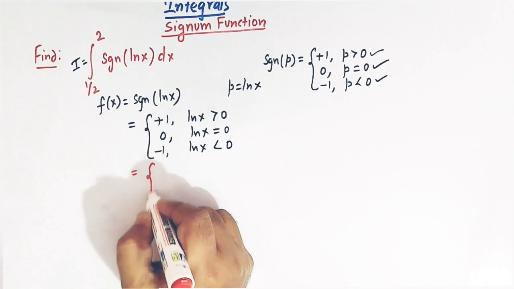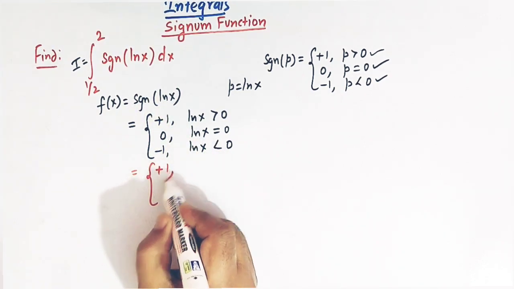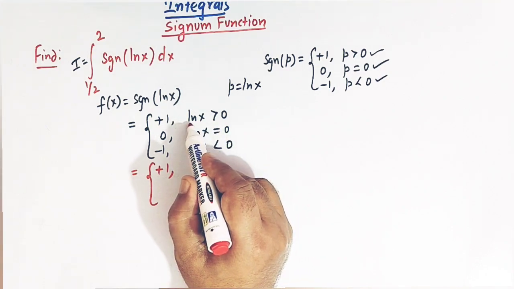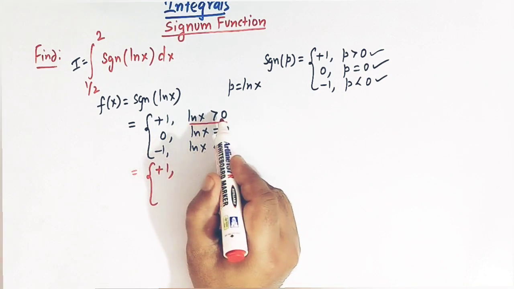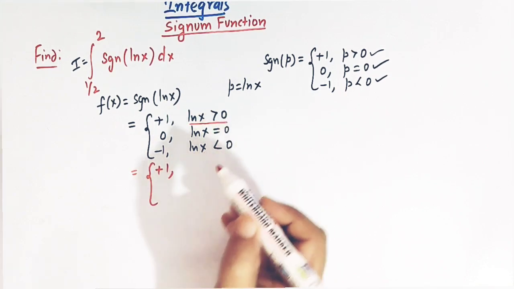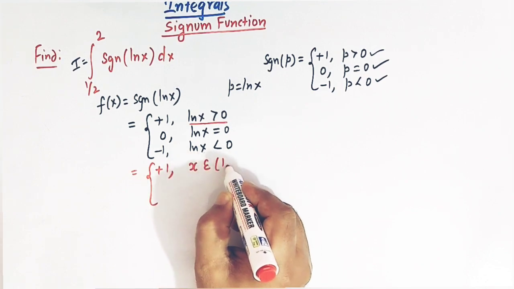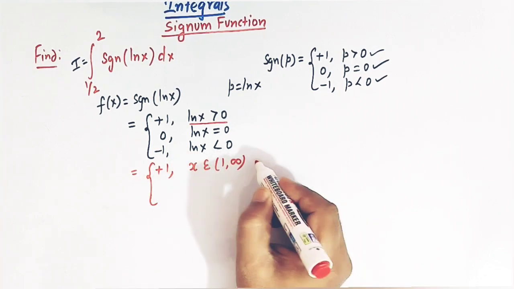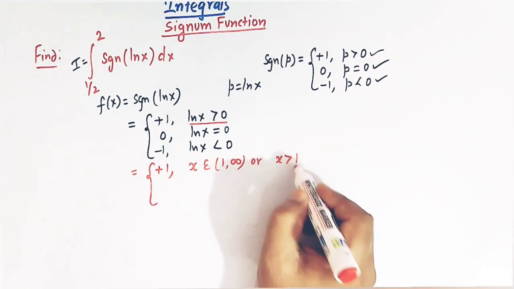We can now write signum of log of x takes the value plus 1 whenever log of x is greater than 0, and log of x is greater than 0 whenever x belongs to the interval 1 to infinity, or in other words, when x is greater than 1.